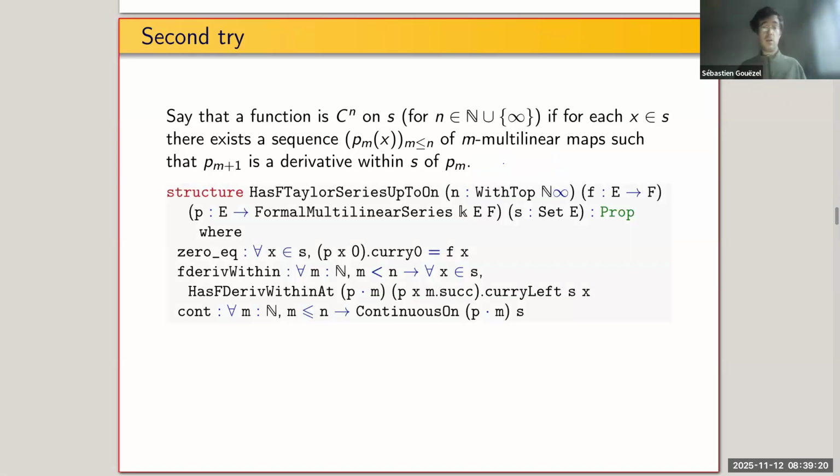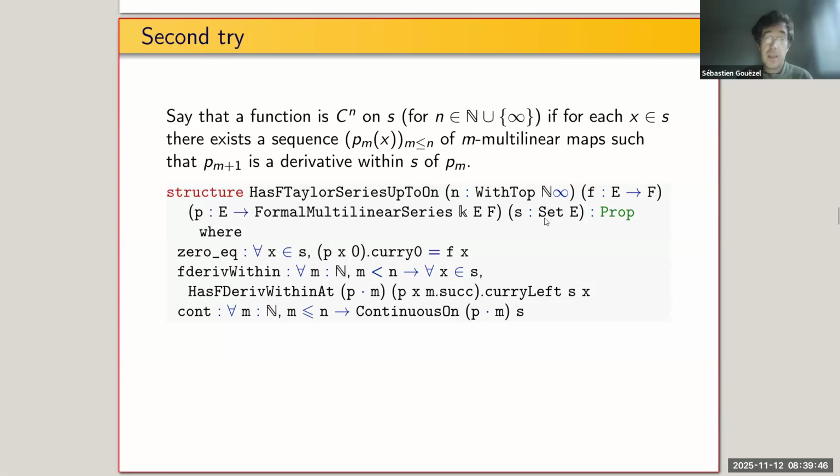So here is one formal bit that helps formulate this sketch of definition. I have a function f. I have this p, which represents the sequence Pm, which this formal multilinear series means a sequence of m multilinear maps for all m.